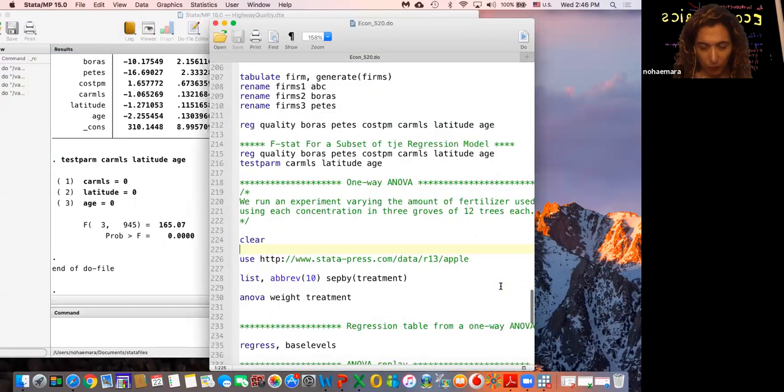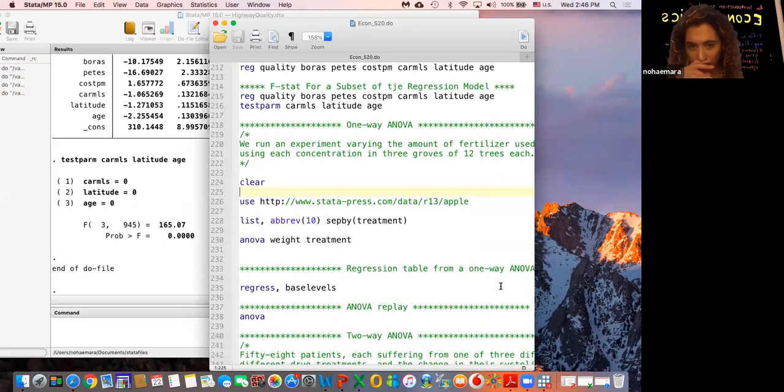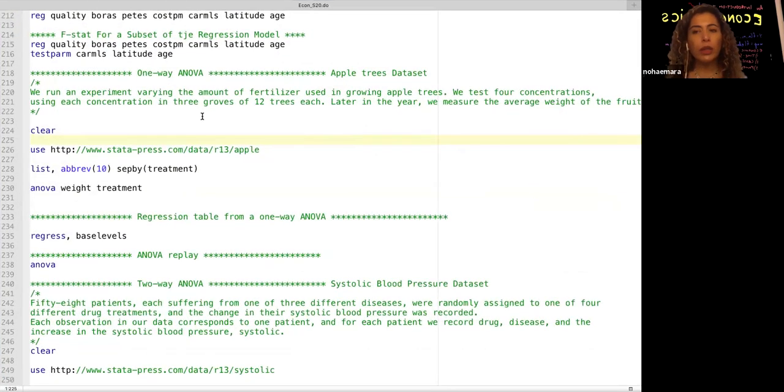So let's see the one-way ANOVA. Let me just maximize this so you can see it. Here in the one-way ANOVA, we're using the apple trees data set. In this data set, you run an experiment where you vary the amount of fertilizer, and remember, this is the only factor you are checking for how it affects the growing of apple trees.